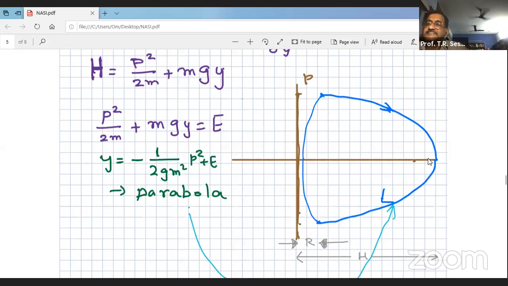Once I drop it, as I told before, it goes in the negative p direction and goes along a parabola. But how far can it go as a parabola? If the radius of the ball is r, the center of the ball can free fall only as long as the center of the ball is at a height more than the radius of the ball.